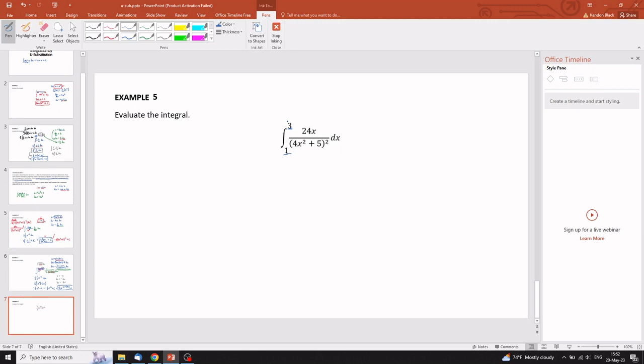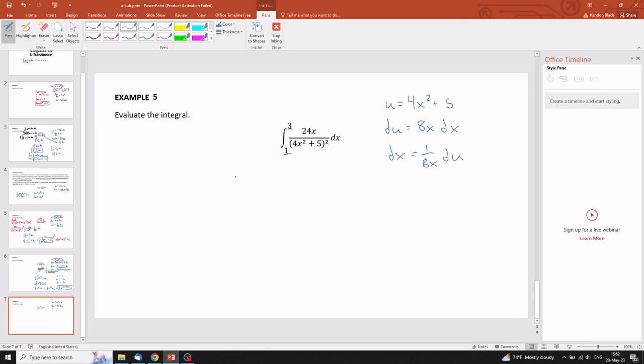So this is the same example as we had before, just with some limits this time. So we made our u 4x squared plus 5. So our du was 8x dx. And go one step further and solve for dx. dx equals 1 over 8x du.